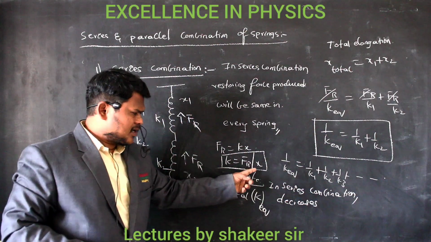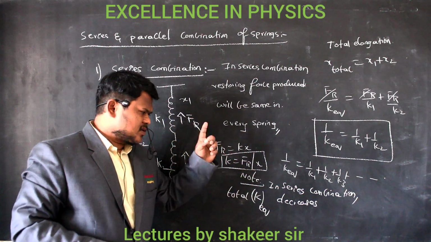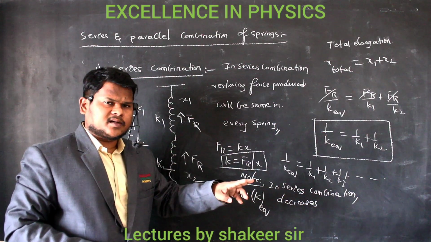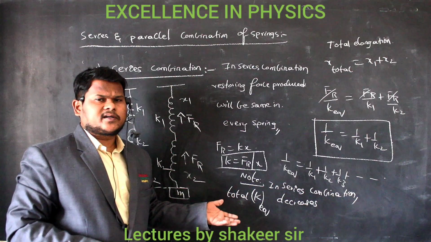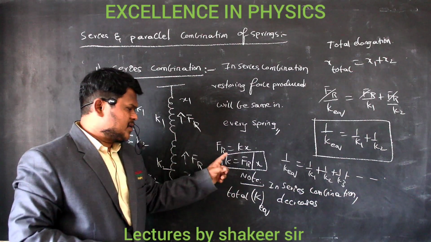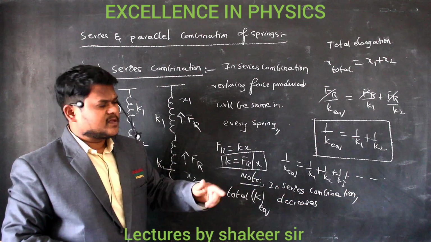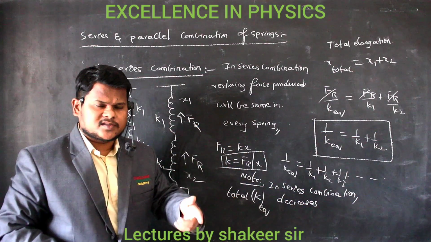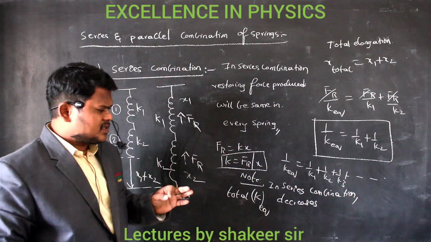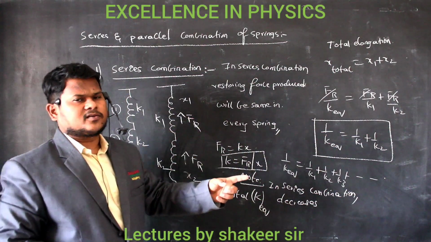To produce an elongation of x, how much restoring force is developed in the spring? If restoring force developed is greater, it means applied force is also greater. That is the meaning of this one, no? So if k value is lesser, it means restoring force developed is lesser. It means applied force is also lesser to elongate that spring.